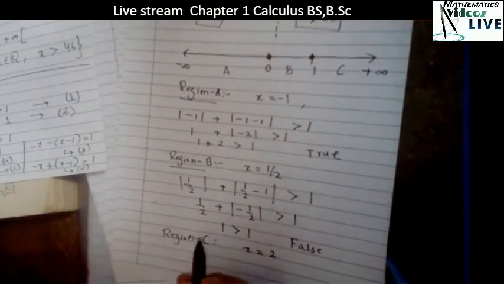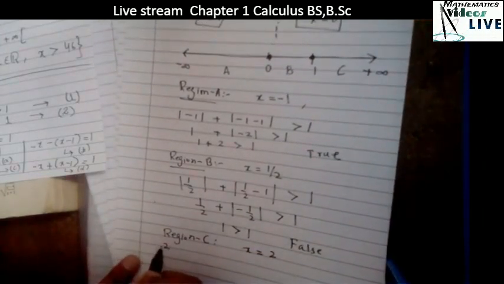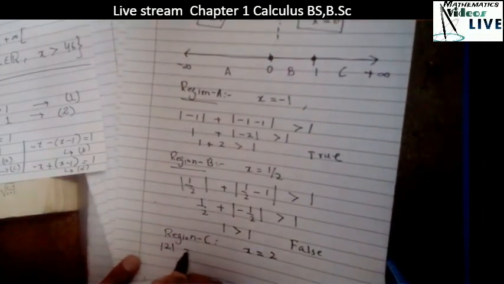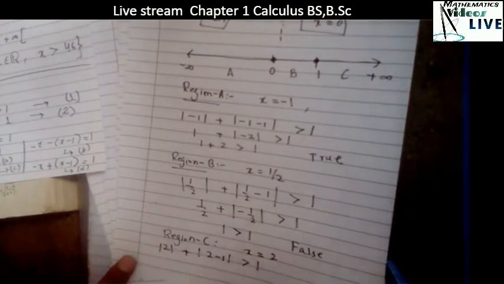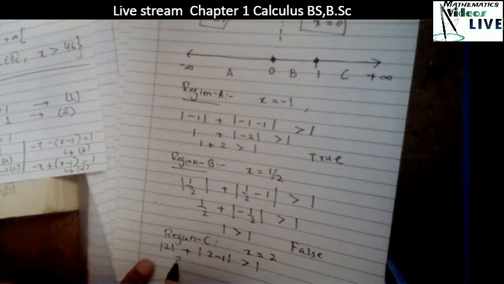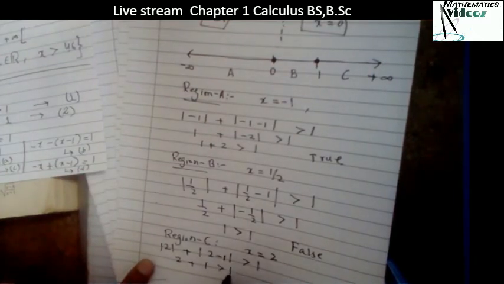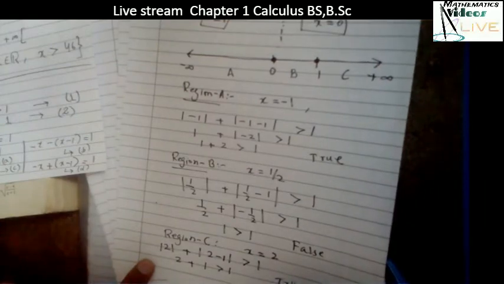So 1 is greater than 1. This is false, because 1 is equal to 1, it is not greater than 1. Therefore region B does not qualify to be the solution region.